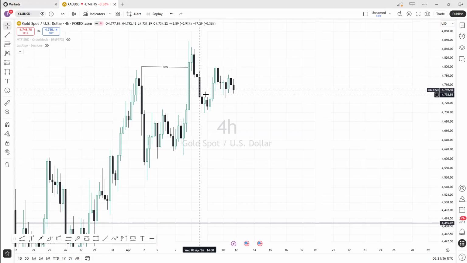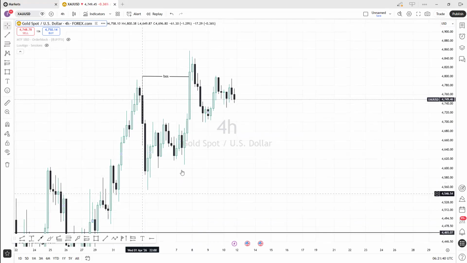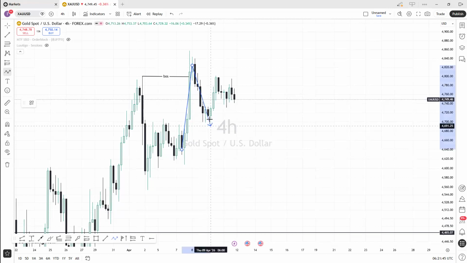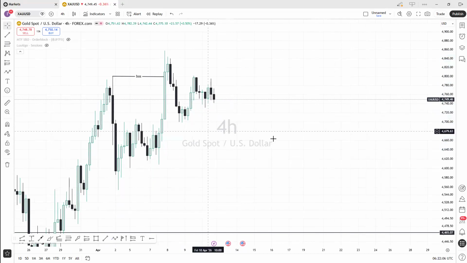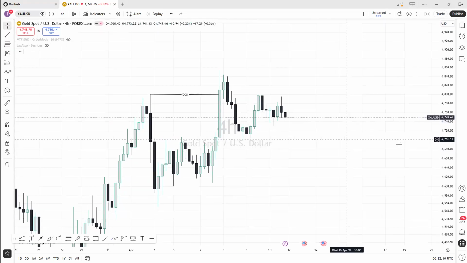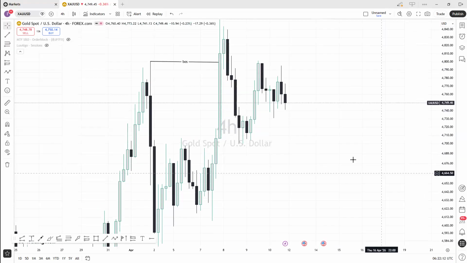And then after the break of that structure, you see price created what? Price created a correction or corrective move or retracement, and then another extension. I think that is an inducement. Price will drop later to sweep that inducement, and then we will continue with the uptrend.